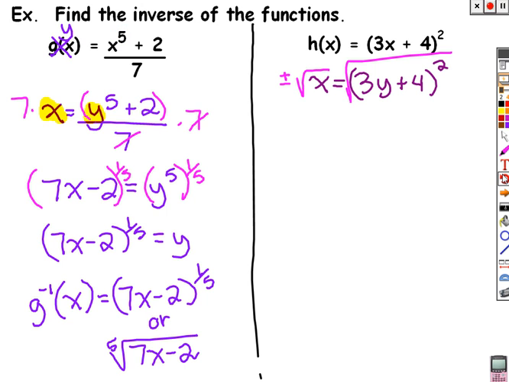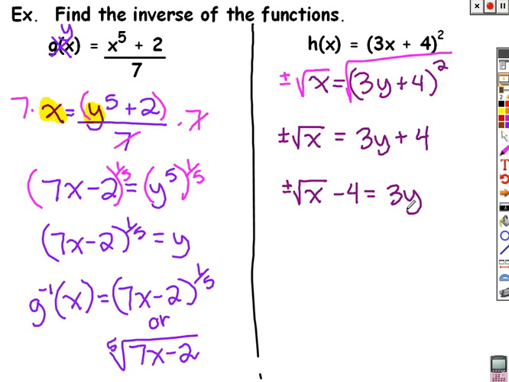From here, I would proceed, so I would have plus or minus the square root of x equals, well, the square root and the square would cancel each other out. Then I'm going to subtract the 4. And last step, divide by 3.